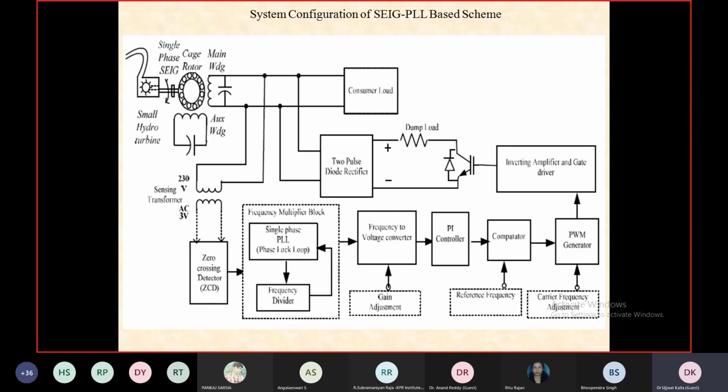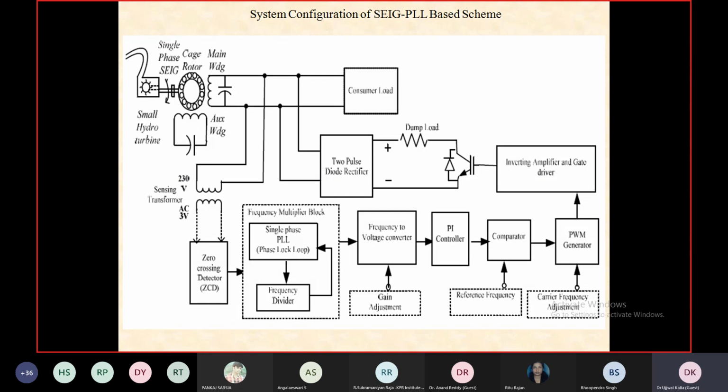Now we have selected the value of the auxiliary capacitor connected across the auxiliary winding in such a manner that a rated voltage of 230 volt or 220 volt, depending on your requirement, may be developed across the main winding at no load.